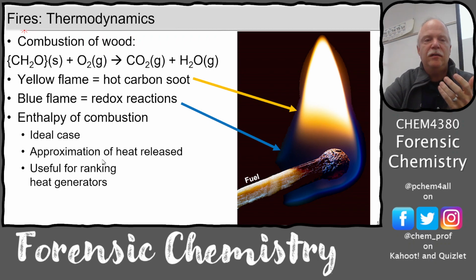So combustion, the chemistry of it, this particular combustion of wood. Wood is a carbohydrate, and so that word carbohydrate is actually in the empirical formula, carbon and water, carbohydrate. So all of cellulose, all sugars, all starches have the same empirical formula, CH2O. They're all carbohydrates, carbon and hydrogen.